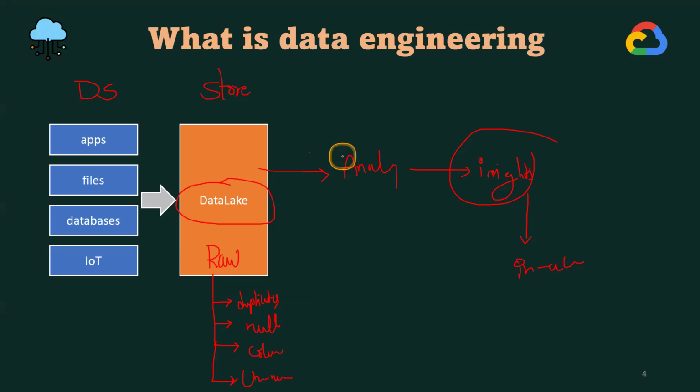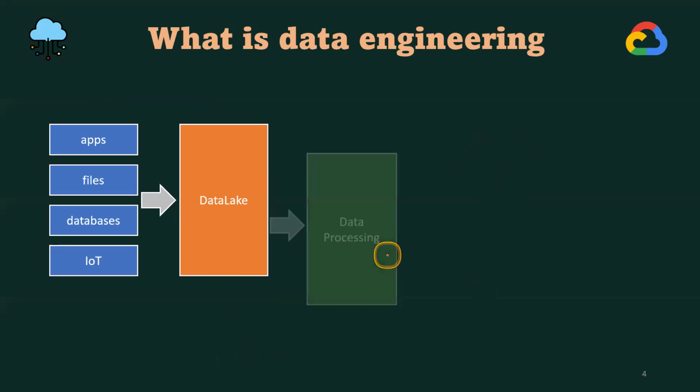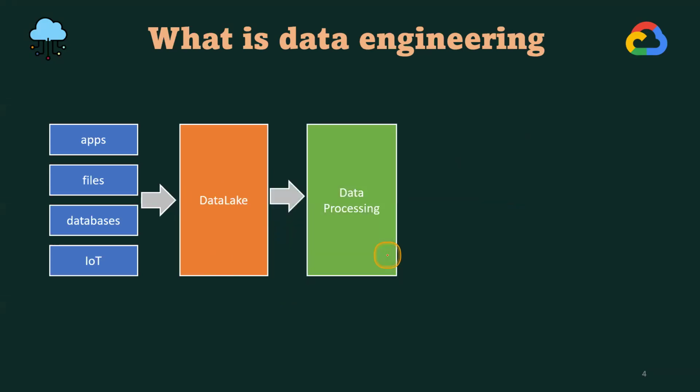So as per my experience, whatever data you are dealing with is raw data, and you try to process it, clean it, and enrich it so that it can be used for the analysis. This is called data pre-processing.